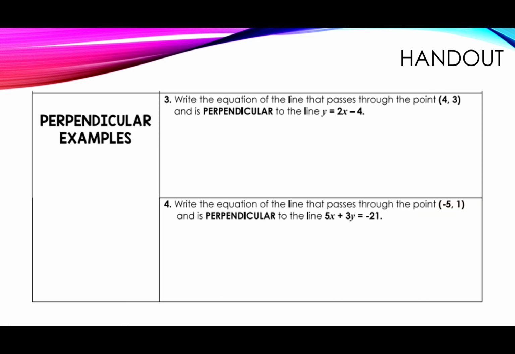Now, perpendicular lines, it's the same deal, except I'm going to have to change that slope to the negative reciprocal. So here, they want me to find an equation that goes through (4, 3). It's perpendicular to y equals 2x minus 4. All right, so I need to find my perpendicular slope.